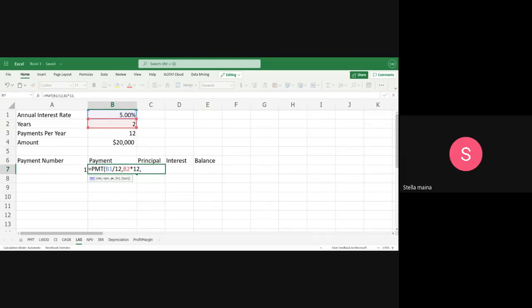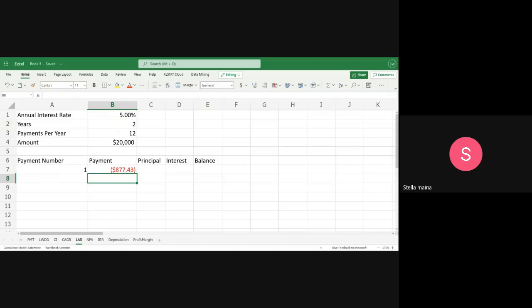That is just going to be directly B4. So we can see that the first monthly payment shall be $877.43. Let us now use the PPMT function to calculate the principal part of the payment.